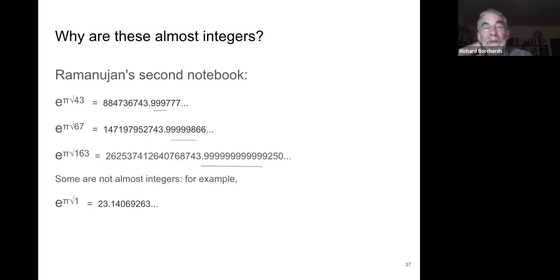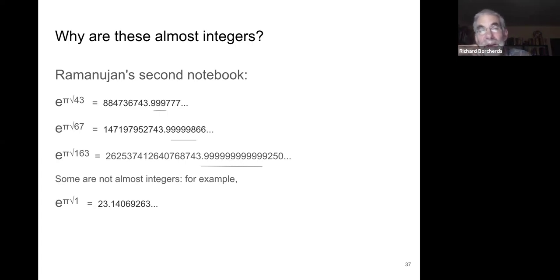The simple version is that e to the pi times the square root of anything is always something called an algebraic integer, which means it satisfies a polynomial with integer coefficients and leading coefficient 1. And occasionally, this algebraic integer happens to be an honest integer.